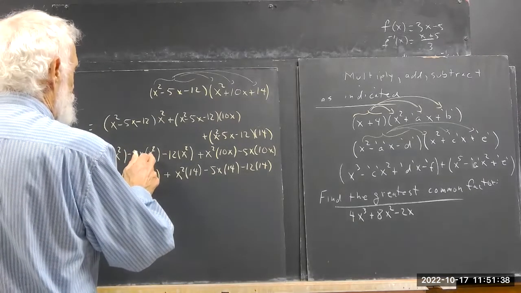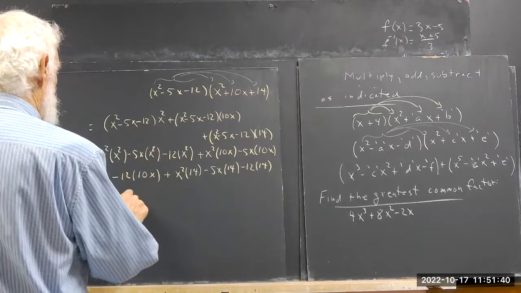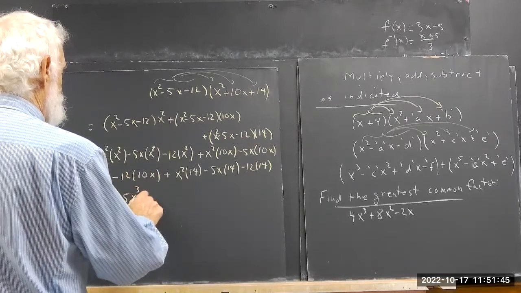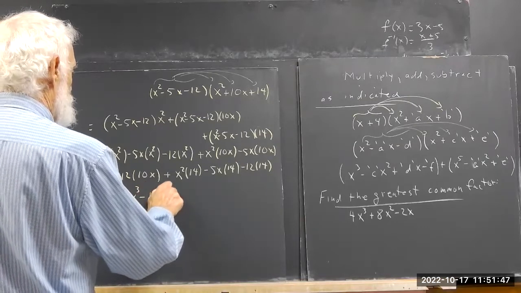And you've got an x and then an x and an x here. That gives you negative 5 times x times x times x. It's negative 5x cubed. And then negative 12x squared.